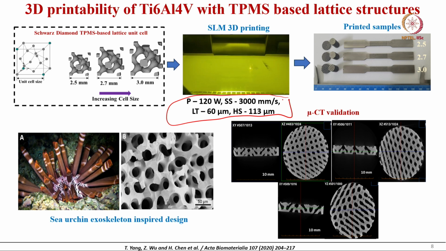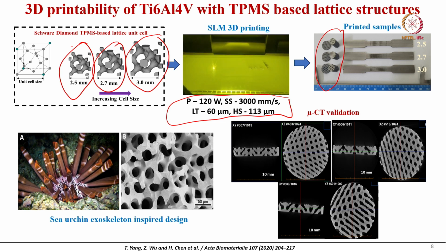You can see that a lot of optimization has gone into this experimental research, and thereby we are able to print these as-printed structures, and their unit cell size is either 2.5 millimeter, 2.7 millimeter or 3 millimeter.